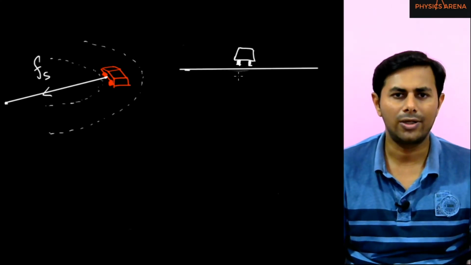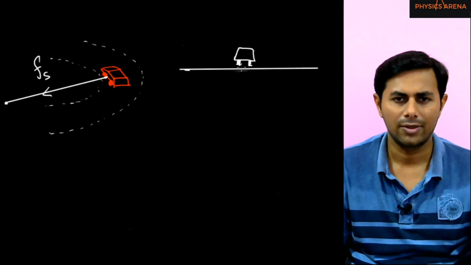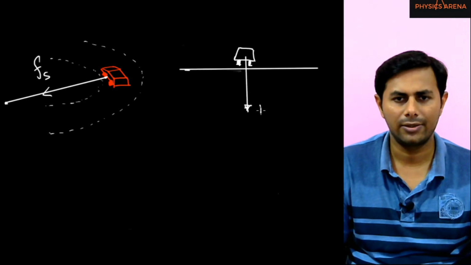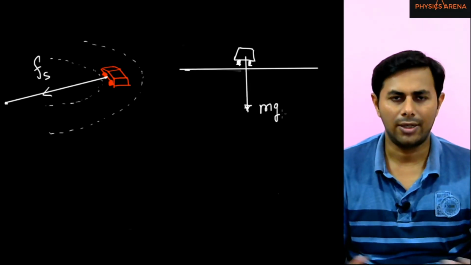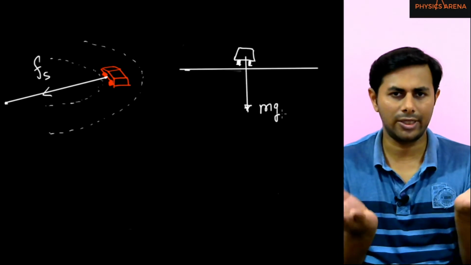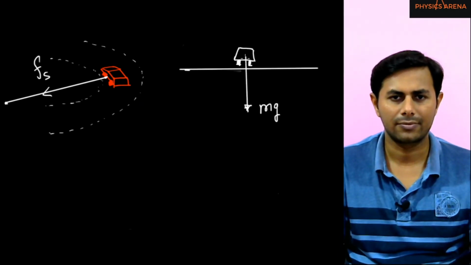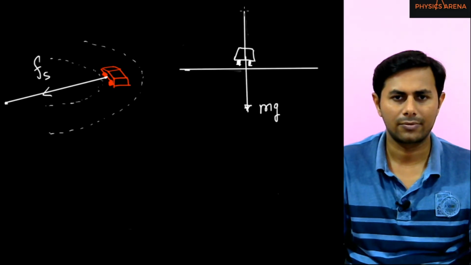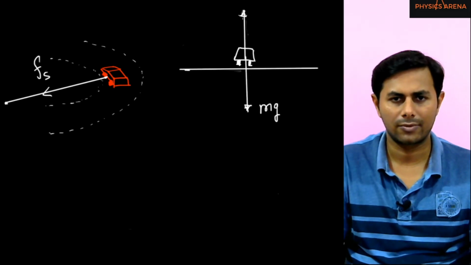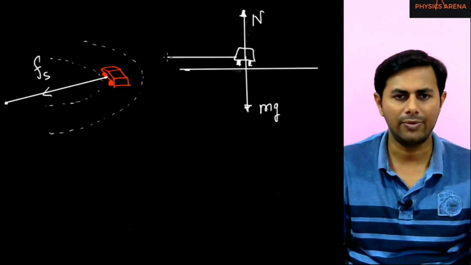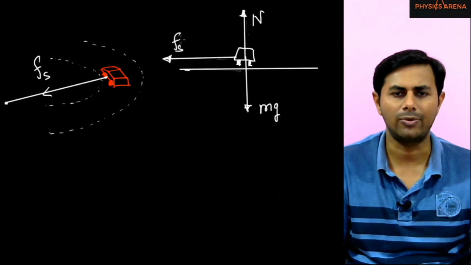Now what are all the forces acting on the car? One is the force due to gravity acting downwards. The other one is the force due to the road surface acting upwards, the normal reaction, N, and the third force is the static frictional force which provides the required centripetal force.